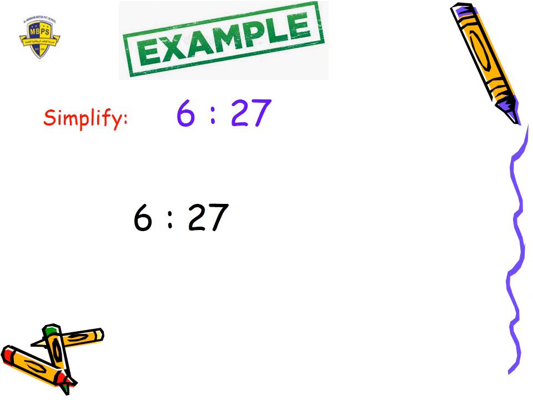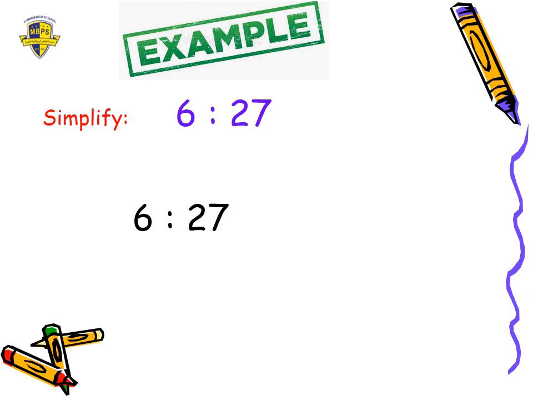Let's solve another example: 6 to 27. We have to think of a common factor between 6 and 27. What do you think? 3. Good. We can divide 6 by 3 and also we can divide 27 by 3.